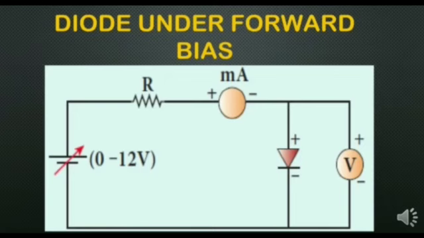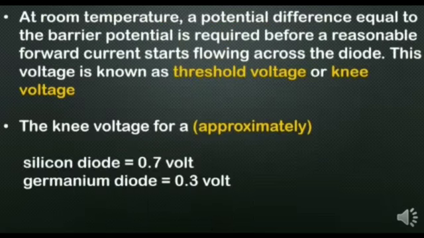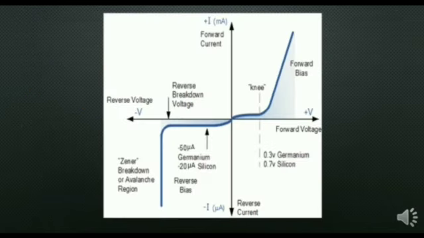After connecting the diode in a forward bias condition, we slowly increase the voltage and record the corresponding value of the diode current. We know that in the forward biasing, when we increase the forward voltage, the depletion layer decreases.